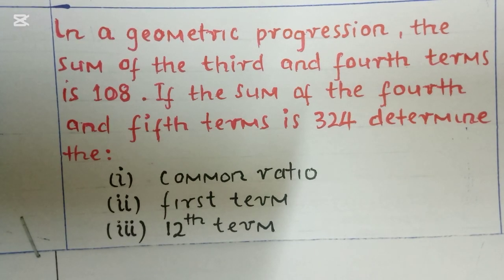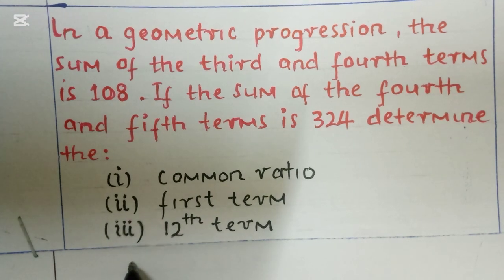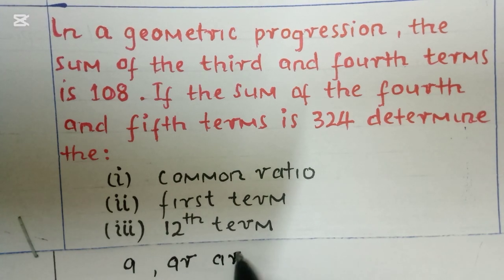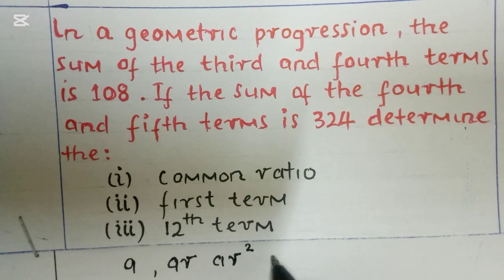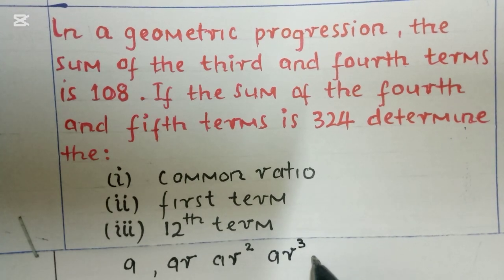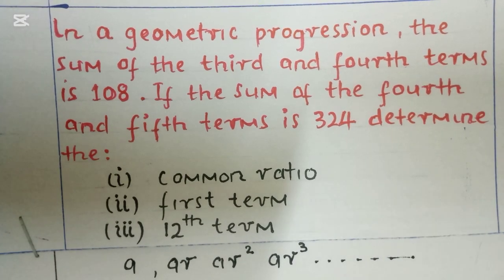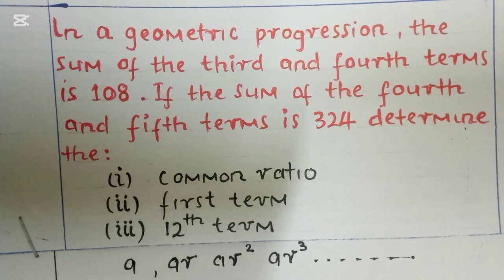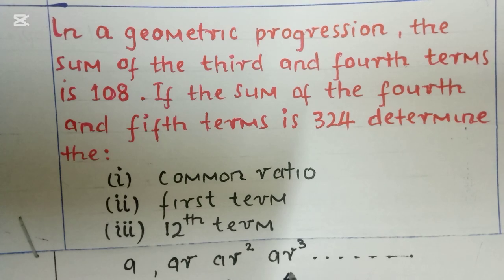We usually have the first term being A, the second term is usually AR, then AR^2, AR^3, and so on, like that. This is our first term, second, third, and fourth.